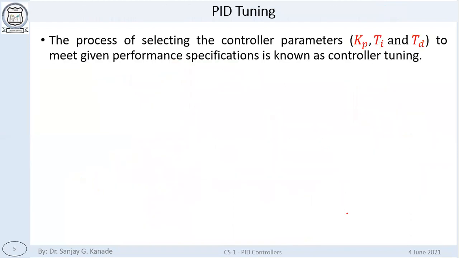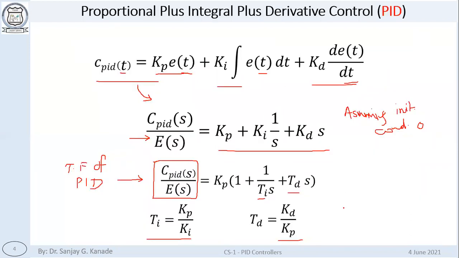Okay. These are called integral time and derivative time. And KP, KI, KD are called the corresponding constants. Ki is the integral constant, KD is the derivative constant.